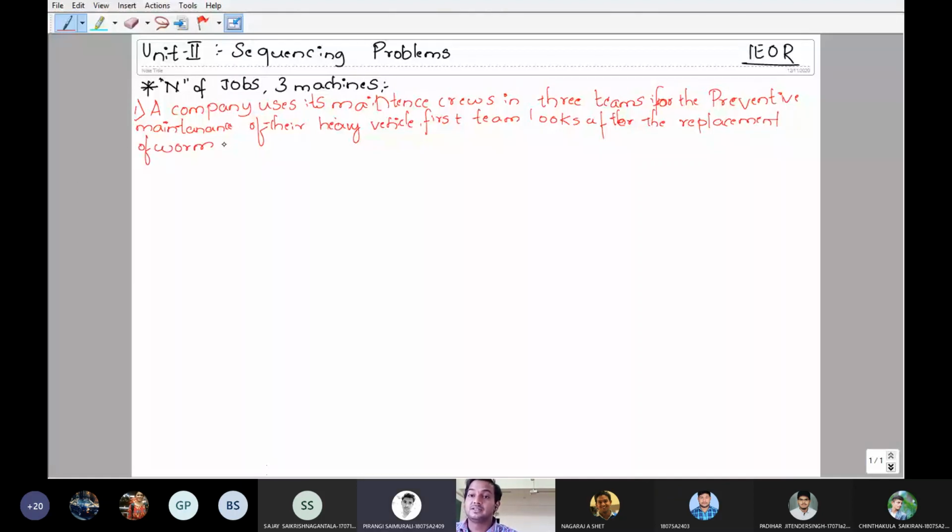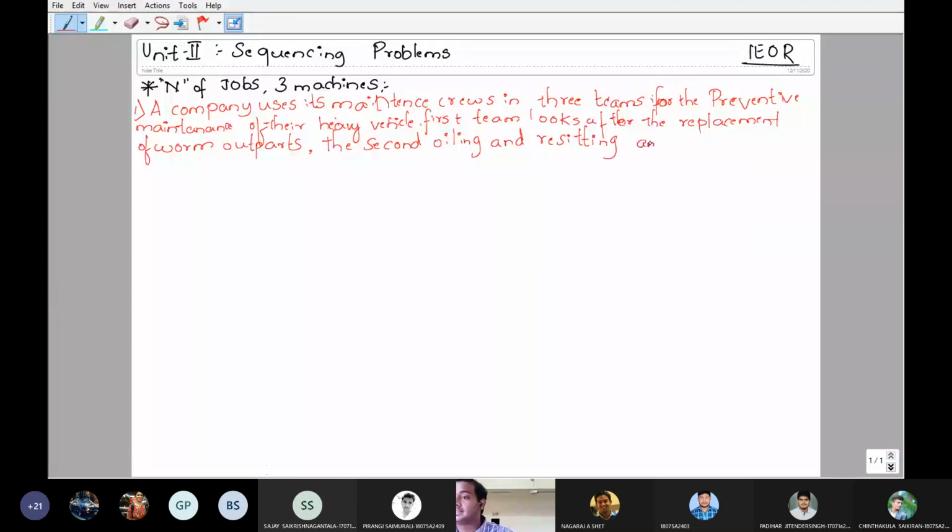Clear. Okay, the first team is going for the replacement of worn-out parts. The second one is going for the oiling and resetting.